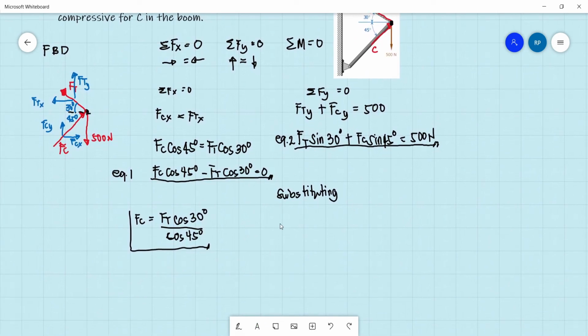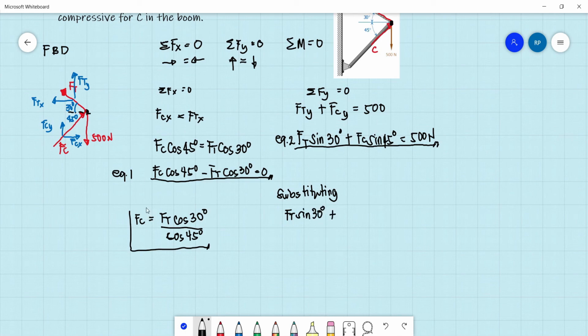Basically, we will have our answer for Ft. Writing down equation 2, we have Ft as our unknown, sine of 30 degrees plus Fc, and we already know the value of Fc in terms of Ft, so just substitute it there: cosine of 30 degrees over cosine of 45 degrees. Don't forget to multiply it with our sine of 45, so that should be equal to 500 newtons.